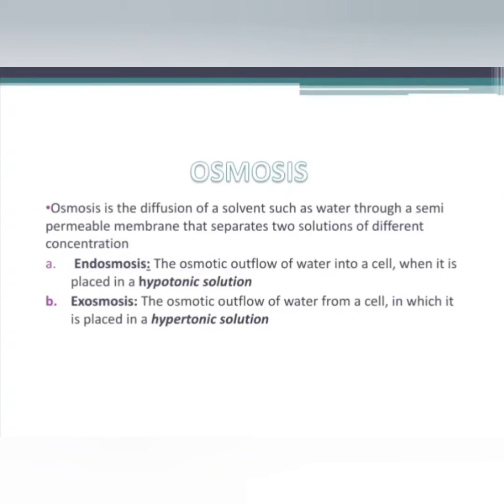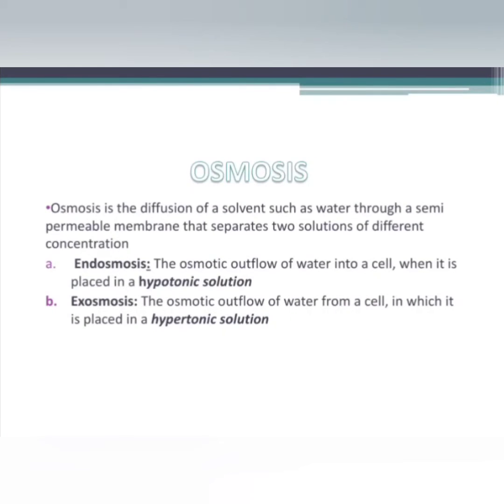So osmosis is the diffusion of water molecules across the cell membrane. There is also the concept of the solute and the solvent, which creates the hypotonic and hypertonic environment.